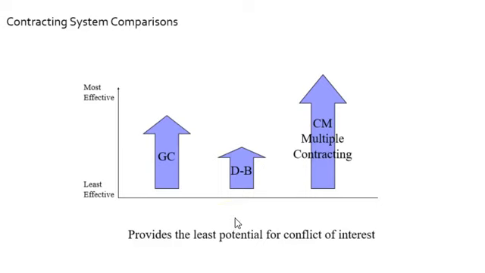Provides the least potential for conflicts of interest. All right, so here, design build, they're kind of flagging it as having potential for conflicts of interest because all those folks are working under the same entity, and they don't have those checks and balances. The owner doesn't have that third party to check in on. Or not even the third party, they don't have the design and the constructors as two separate parties to kind of bounce ideas back and forth and get those second opinions.